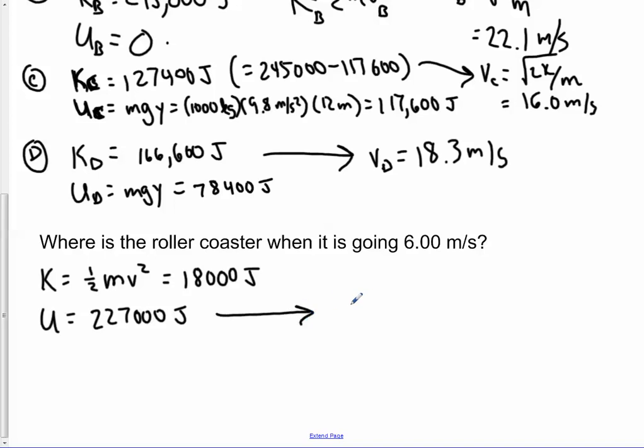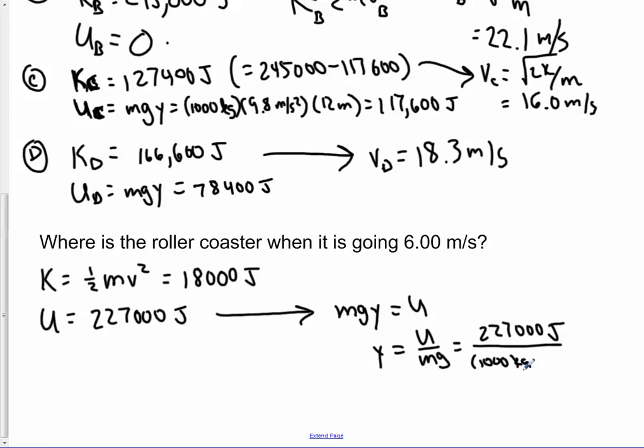And then from there we can figure out the y. So y will be U over mg. So 227,000 joules over 1,000 kilograms times 9.8 meters per second squared, giving 23.2 meters.